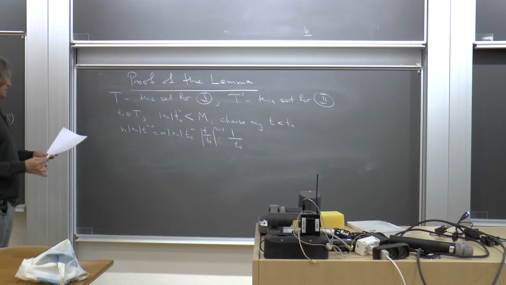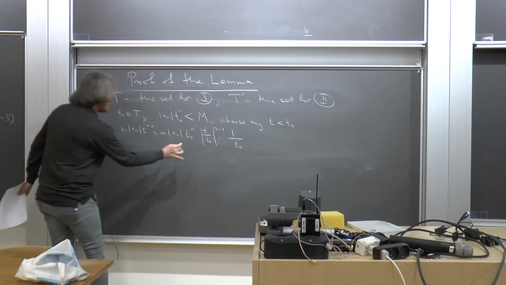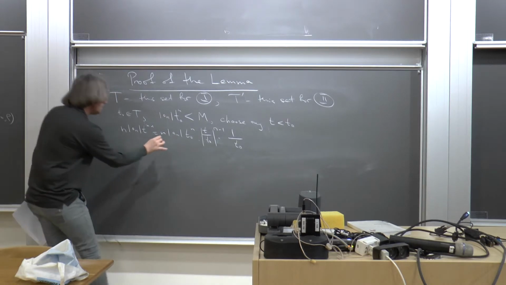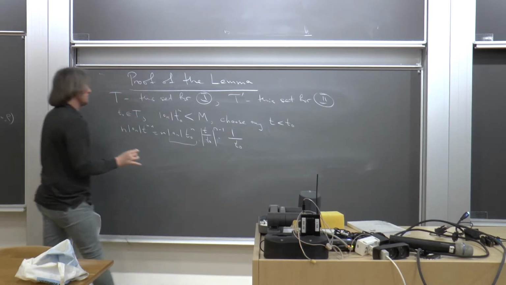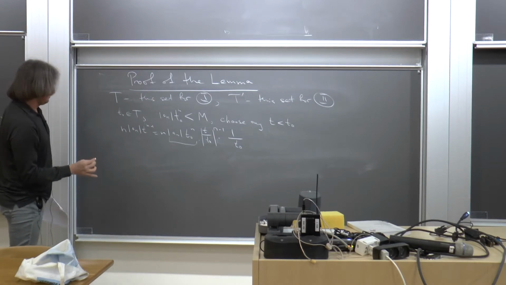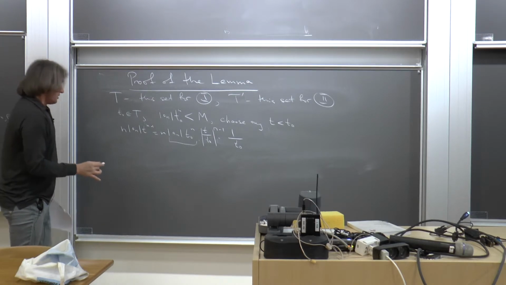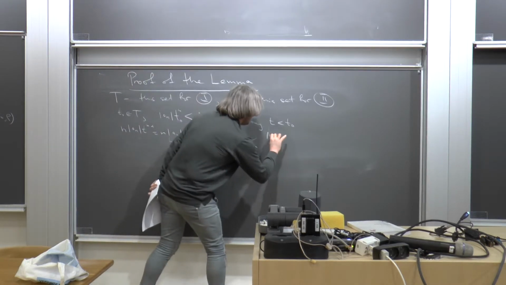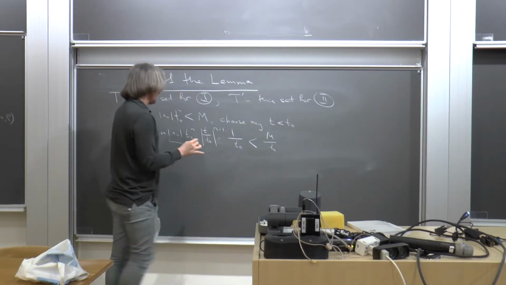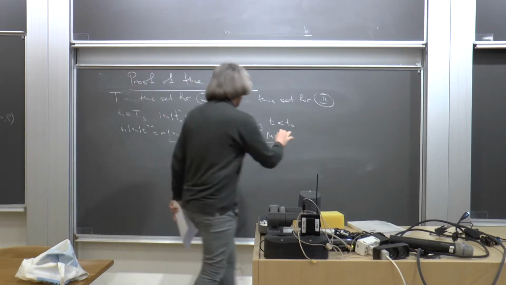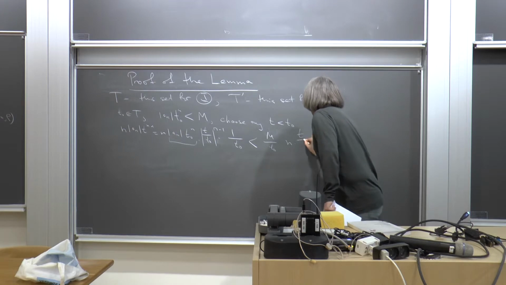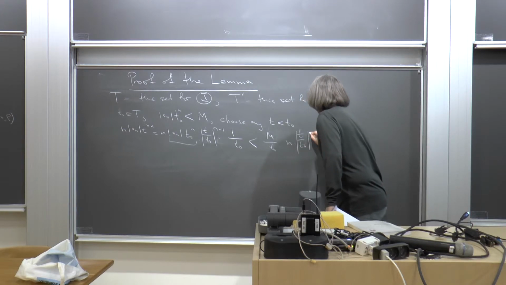So now this expression is bounded by M. So this is less than M by t node. And what remains is n times (t over t node) to the n minus 1.